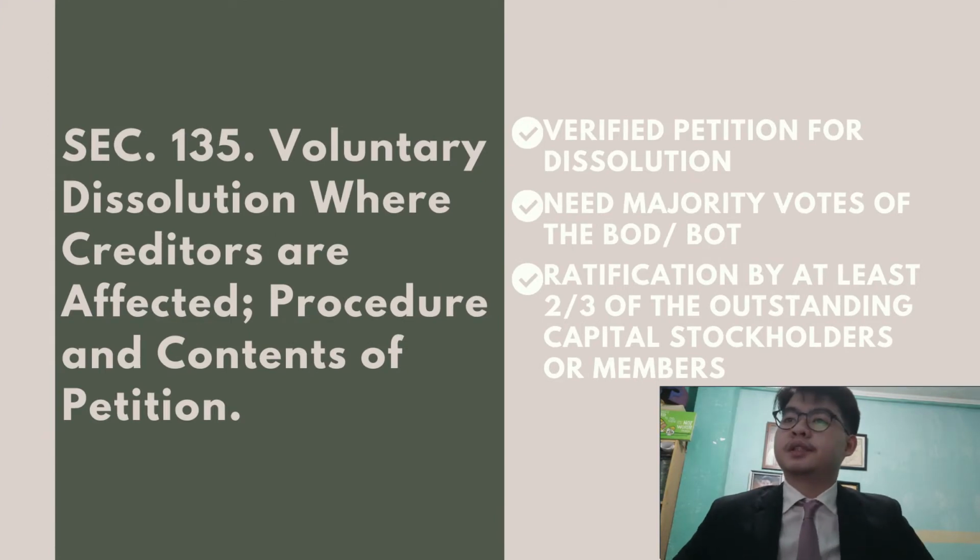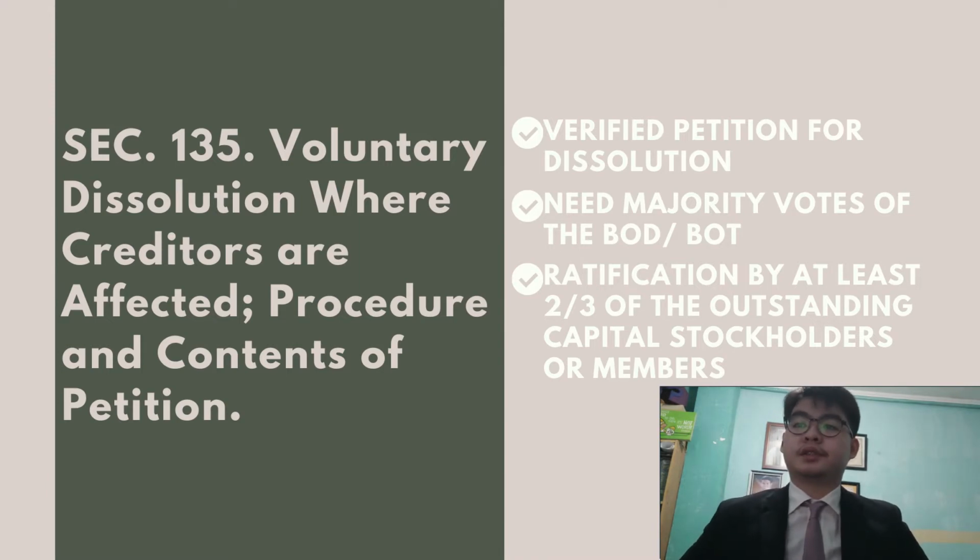Next is the voluntary dissolution where creditors are affected. Instead of a verified request for dissolution, here a verified petition for dissolution needs to be filed with the SEC. It too needs a majority vote of the Board of Directors or Trustees, verified by the President, Secretary, or one of its directors or trustees, and also ratified by at least two-thirds of the outstanding capital stockholders or members.